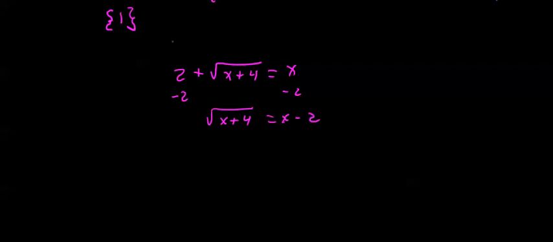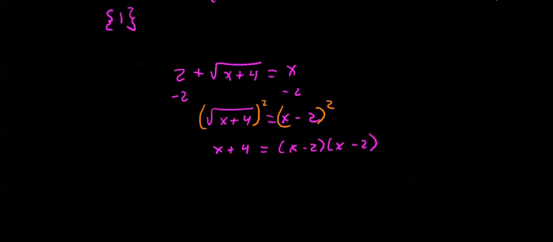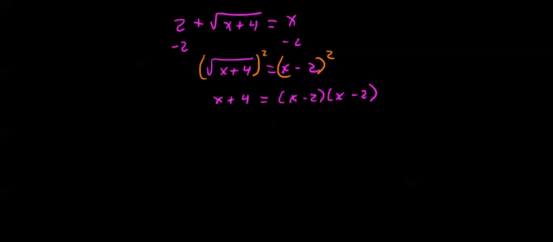We square both sides using parentheses, and we end up with x plus 4 equals x minus 2 times x minus 2. This squared means we're multiplying what's in the parentheses times itself twice. And we're going to have to do binomial multiplication.